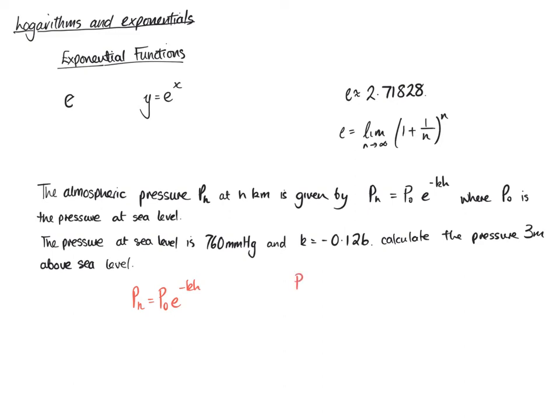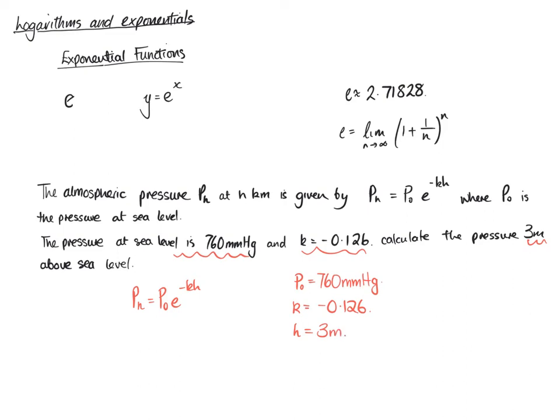Sea level is 760 millimeters of mercury, and P naught is our sea level pressure, so P naught is 760. K is equal to negative 0.126, and we've been told to calculate the pressure at 3 meters, so that's our h, our height.